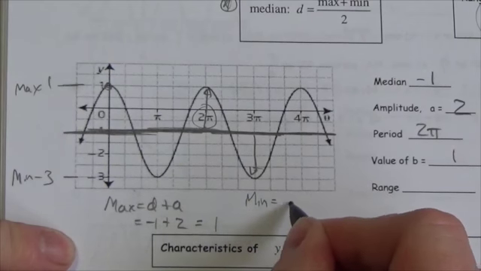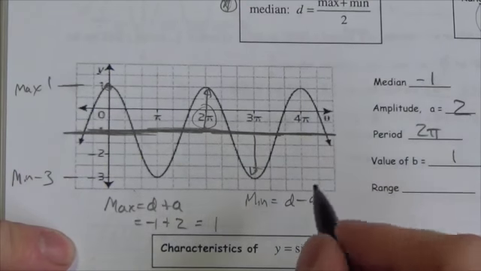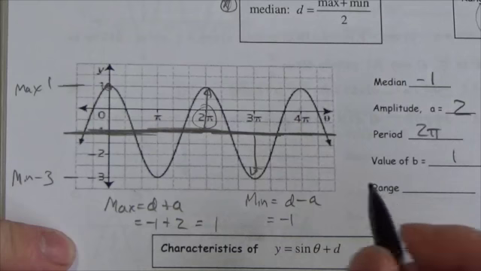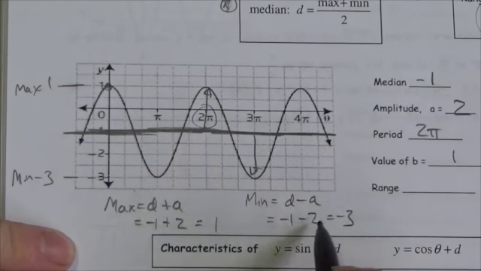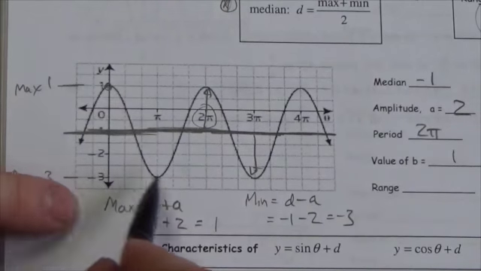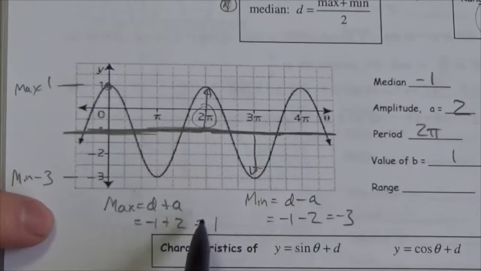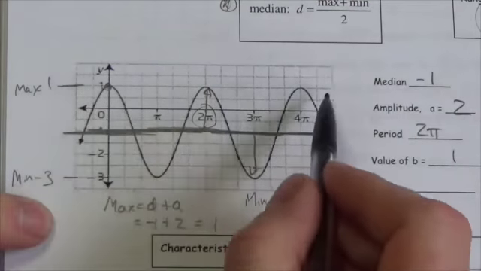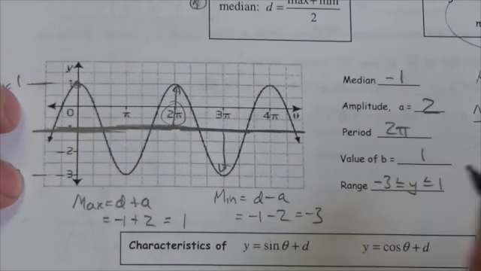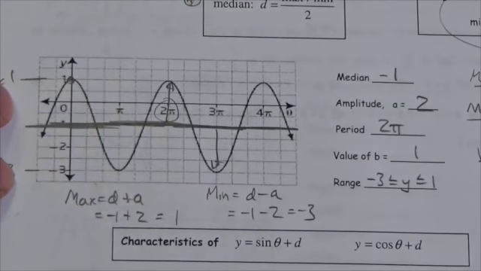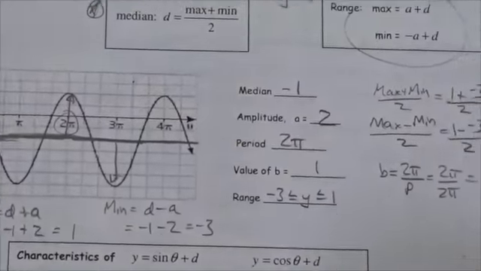My minimum is going to be the d value minus the amplitude: negative 1 minus 2 is negative 3. I can verify both visually. And so my range is all the values between negative 3 and 1. Everything here works really well together.